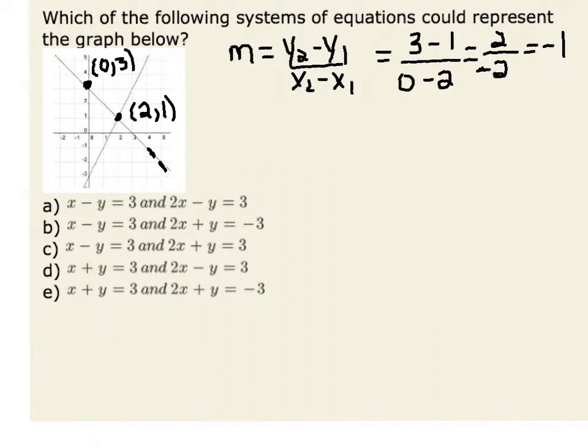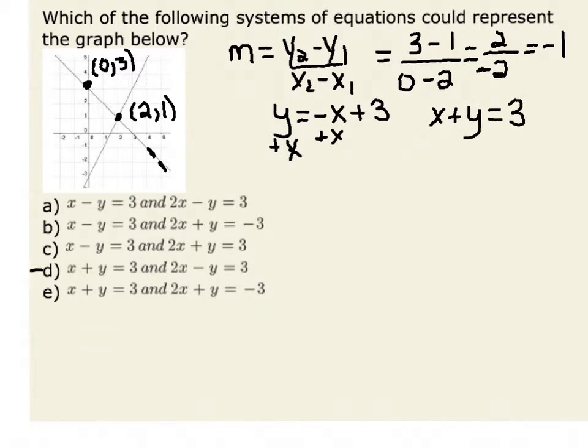We also know that our y-intercept is the point 0, 3, giving us a value of b being 3. Therefore, our equation is y is equal to negative 1x, or negative x, plus 3. Writing this in its general form, I could add x to both sides, having the equation x plus y is equal to 3. I can see that this is represented in both D and E.